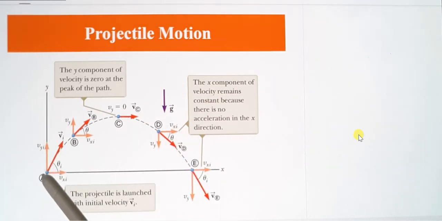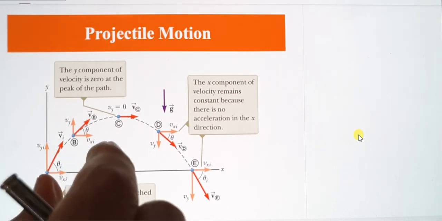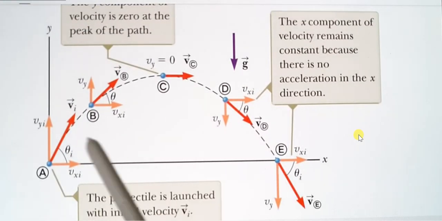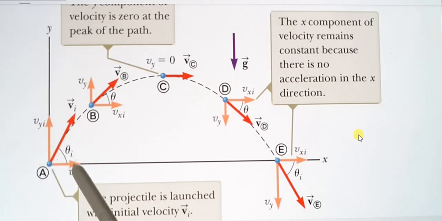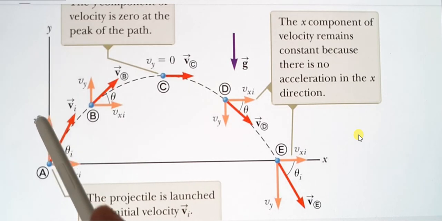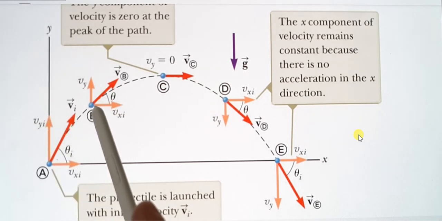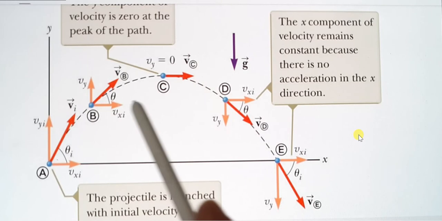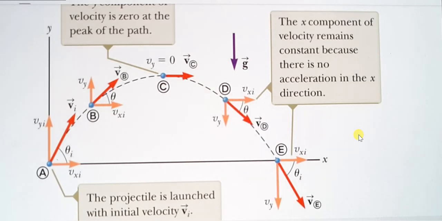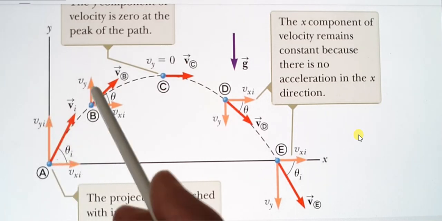So let's go through it. We start with V initial. Of course, it has a component in the x and a component in the y. In the x direction, the component is the same throughout the motion: Vx naught, always the same vector. However, in the y, we start positive, then it gets less.